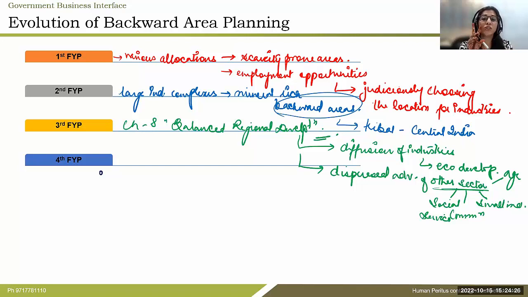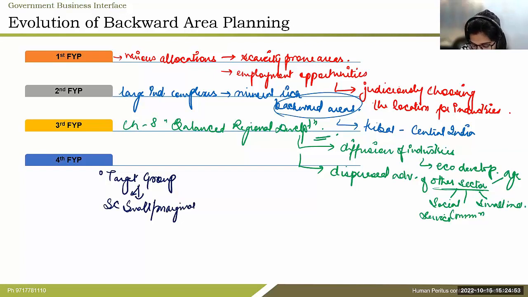It identified backwardness in two particular strategies. Say it did what? It recognized there can be target groups, that is the people who are backward, which included SCs, the scheduled castes, the scheduled tribes as well, small and marginal farmers, all right, and other people also who could be considered as being backward.